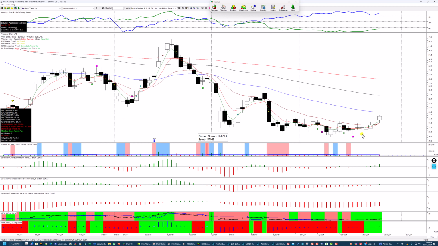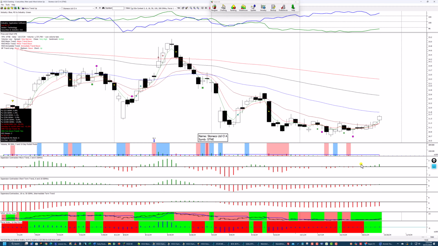So there is some accumulation here. There's a low volume test here, and it's just been under accumulation. It's worth putting in a watch list, but if you do, just remember there is a lot of resistance here.